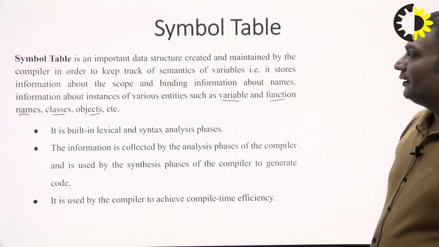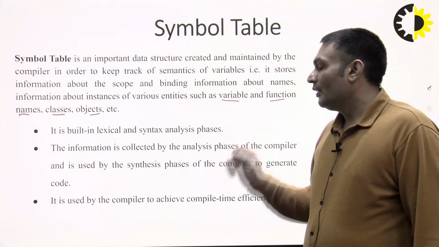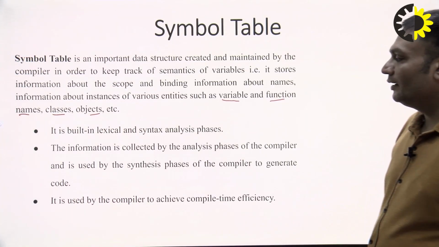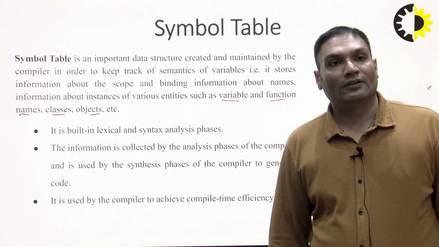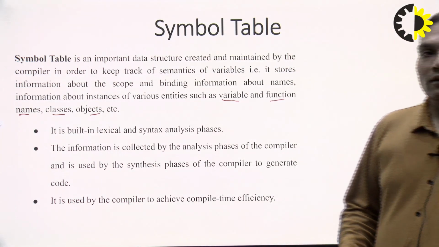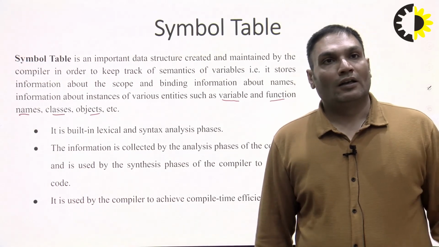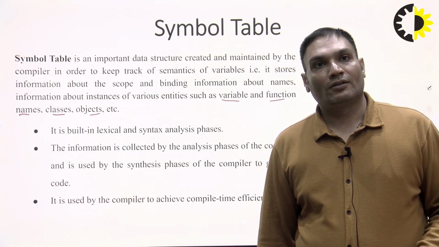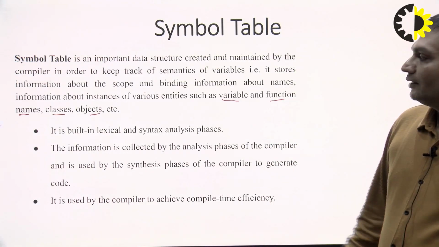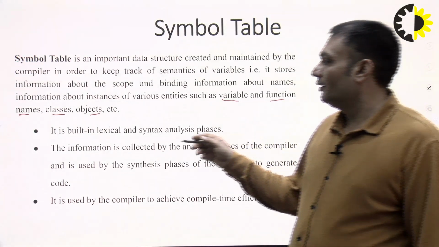So, it is built during the lexical and syntax analysis phase, and this information is collected by the analysis phase of the compiler and used by the synthesis phase of the compiler to generate the code. Compiler phases are divided into two parts, the analysis phase and the synthesis phase, and the symbol table information is collected during the earlier phases, that is, the analysis phase.